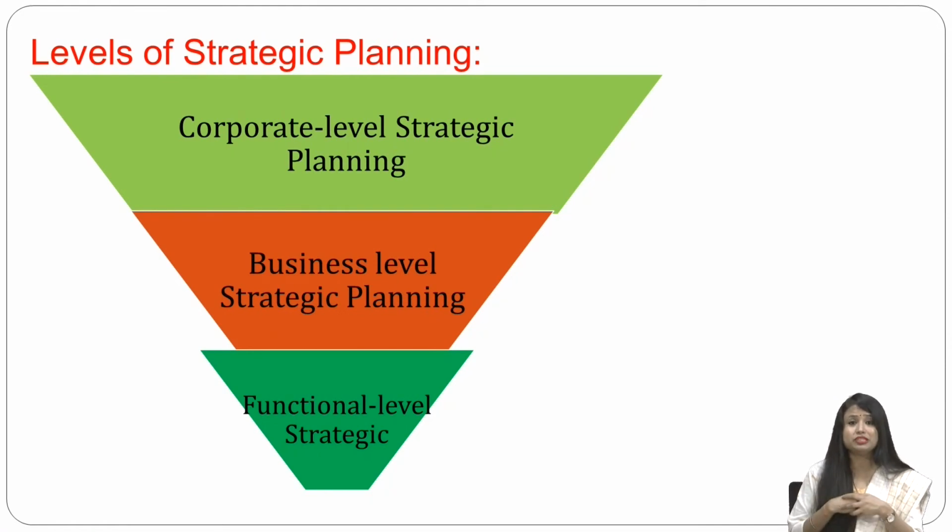Next is business level strategic planning. It is the planning process concerned primarily with how to manage the interests and the operations of a particular unit within the organization, commonly known as a strategic business unit, also known as SBU. A strategic business unit is a distinct business with its own set of competitors that can be managed reasonably independently of other businesses within the organization.